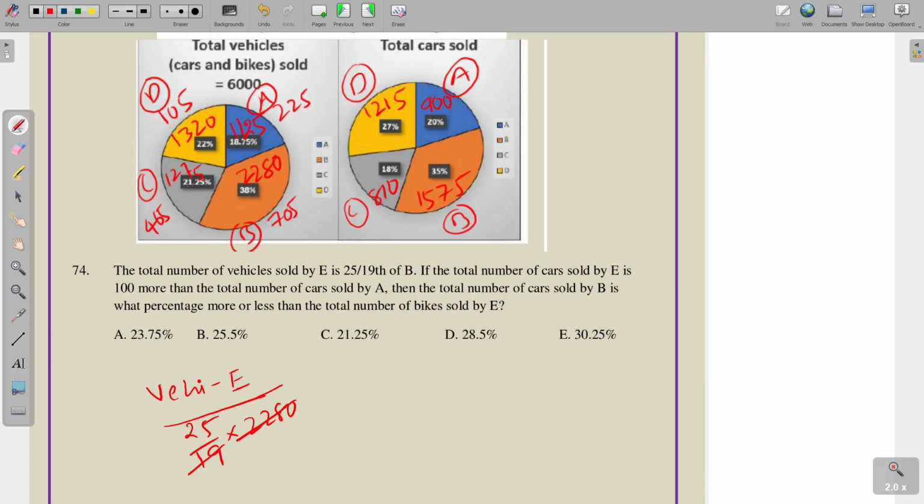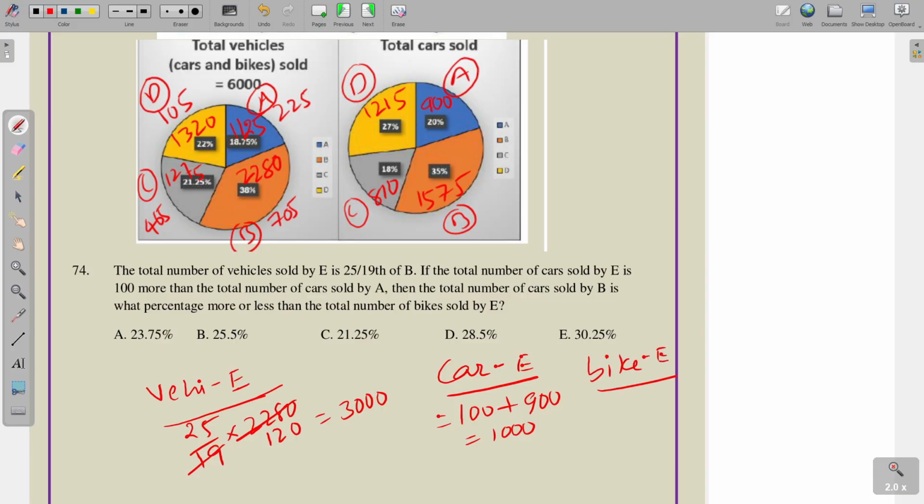No cancellation. How much multiplication is it? 3000. If the total number of cars sold by E is 100 more than total number of cars sold by A, it is 900. Now it is 1000. Then bikes of E, the difference between these two, it is 2000.